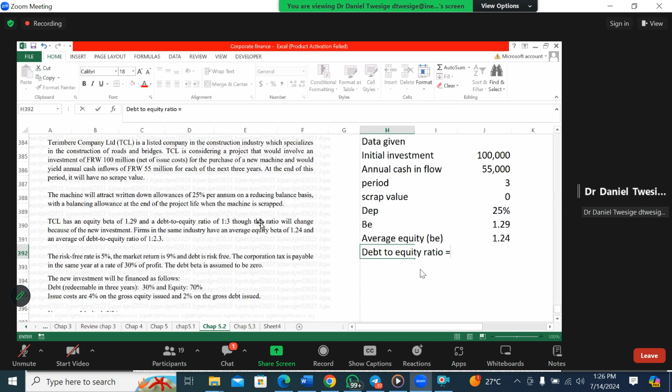The debt to equity ratio is 1 to 3, though this will change because of the new investment. Firms in the same industry have an average equity beta of 1.4, which I've captured, and an average debt to equity of 1.2. We are taking the average.